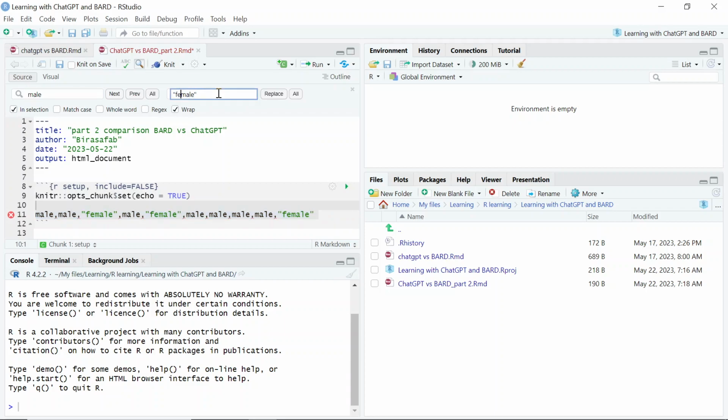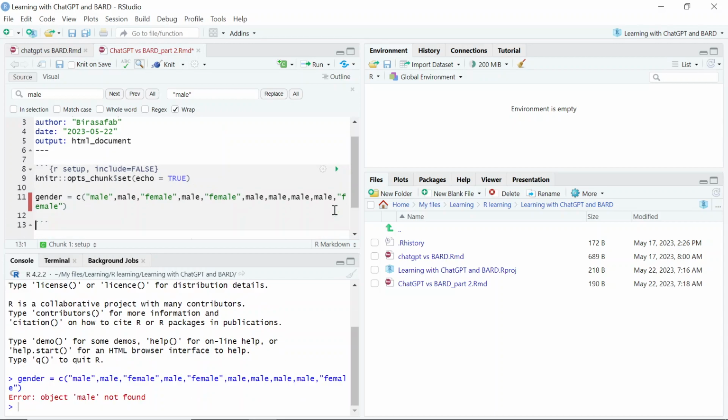And move this. Okay, I have my list here. I'm going to assign gender here, then equal to c bracket, and I close here.